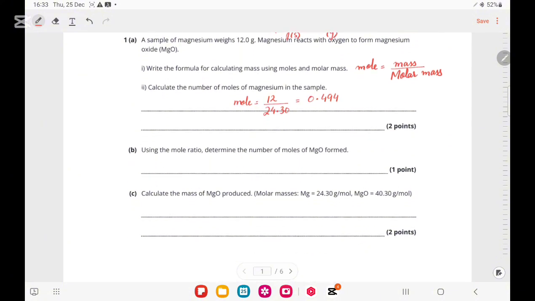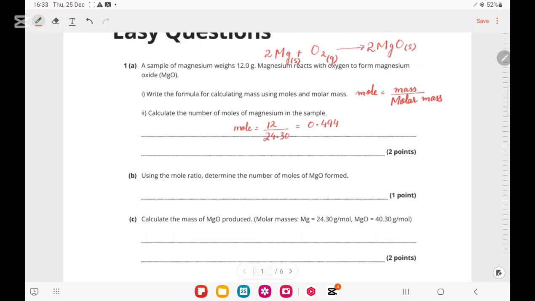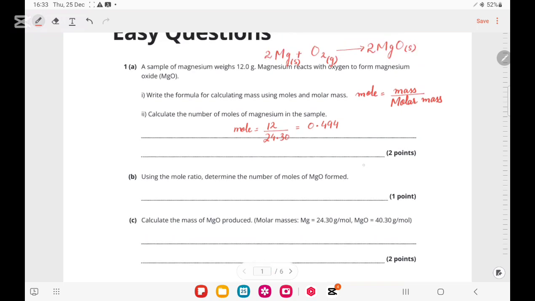Then we have to find out the mole ratio. Using the mole ratio, determine the number of moles of magnesium oxide. So unknown, I'm going to put on the right hand side. Unknown is magnesium oxide and known is magnesium. So first we have to write the moles from the equation.